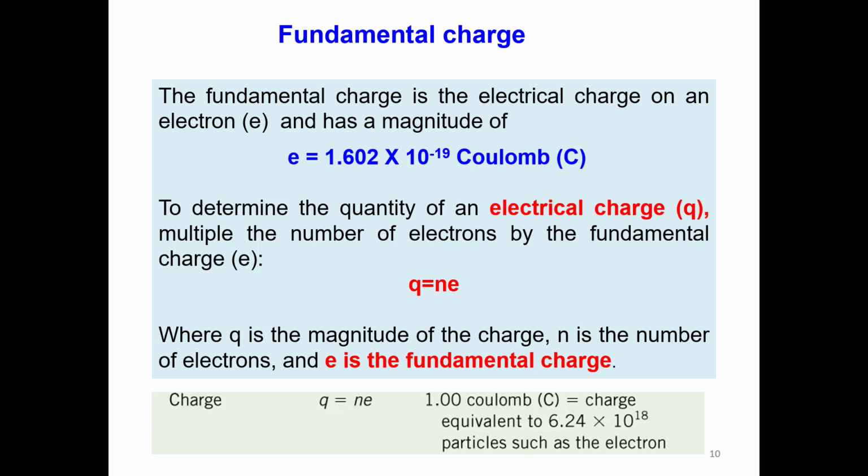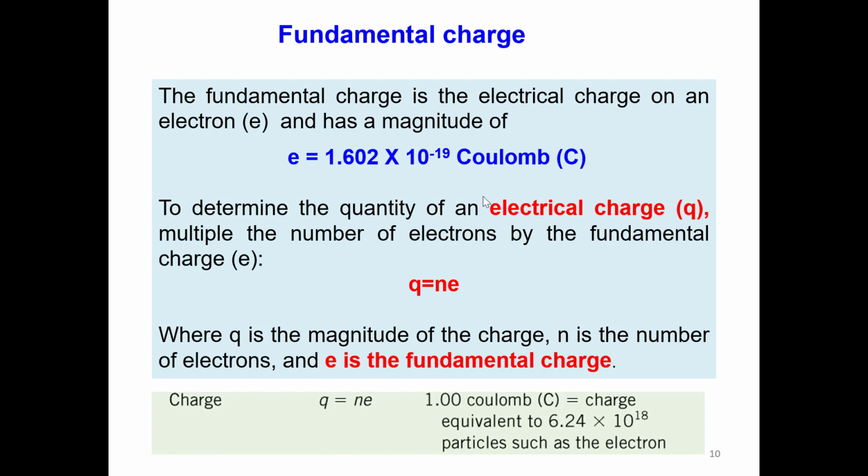Now we want to define what the fundamental charge is. The fundamental charge is the electrical charge that corresponds to 1 electron. The charge of 1 electron equals 1.602 times 10 to the power minus 19 coulomb, and the symbol for the coulomb is the letter C. In the same way that the unit for velocity is meter per second, the unit for charge is coulomb.